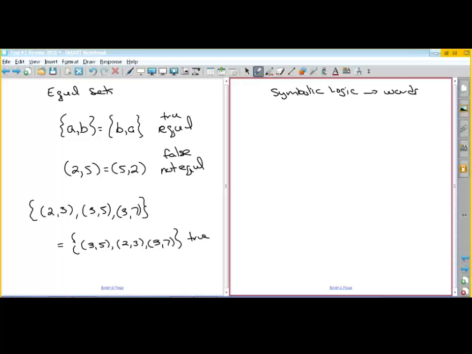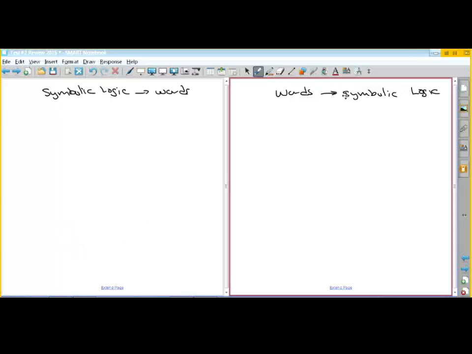I'm not going to do an example. You can go back and look at your homework, but there was a case where you were given 2 statements, and you were given some symbolic logic, and then you had to convert the symbolic logic into words involving the statements that you were given. We did that one way.